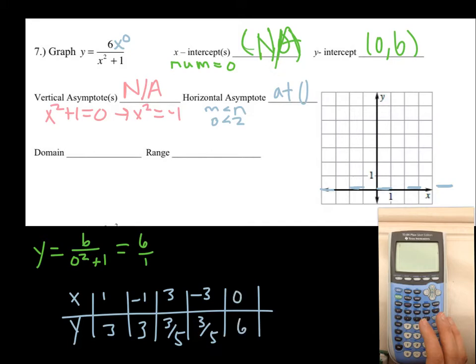Again, just by graphing that in the graphing calculator. So if I plot them, 1, 3, negative 1, 3, 3, 3/5, negative 3, 3/5, and 0, 6.